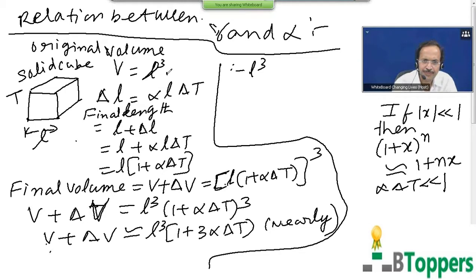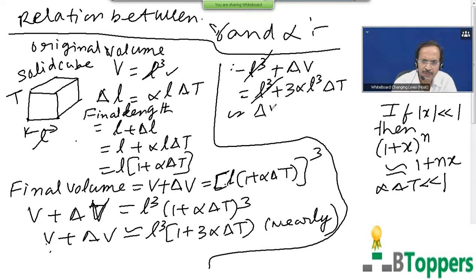Original volume V plus delta V. On the right hand side, open the brackets: L cube plus 3 alpha L cube into delta T. So you can cancel L cube on both sides. So you get delta V is nearly equal to 3 alpha into L cube into delta T.